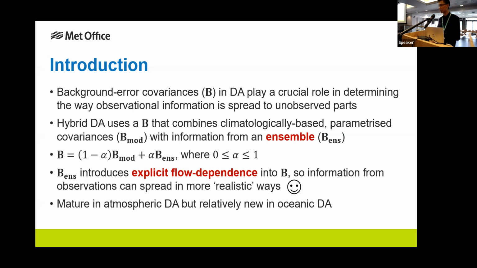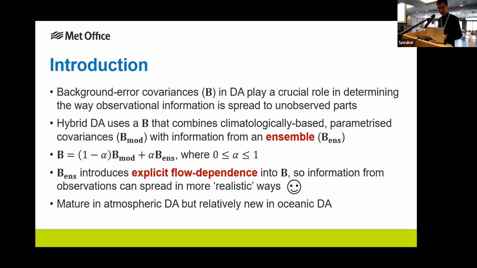So you can work this out theoretically. And what we're doing is hybrid DA, and what hybrid DA means is to use a background error covariance matrix that combines both climatologically based and parameterized information with information from the latest available ensemble of the day.